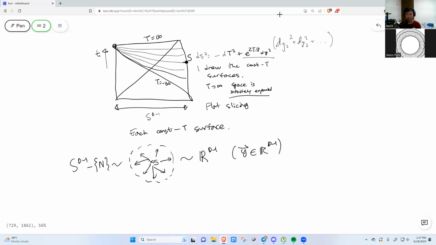Let me tell you about some interesting phenomenon. Let's say that we start out at large t equals t zero, at some point, and for the sake of argument you send out a light-like signal.